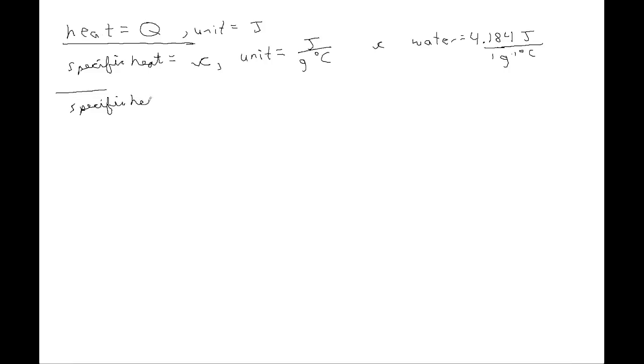specific heat capacity? Do you know what the symbol is for that? Specific heat capacity would be, that would also be Q. Well, actually, no, that would be capital C. Now, that was kind of a trick question.